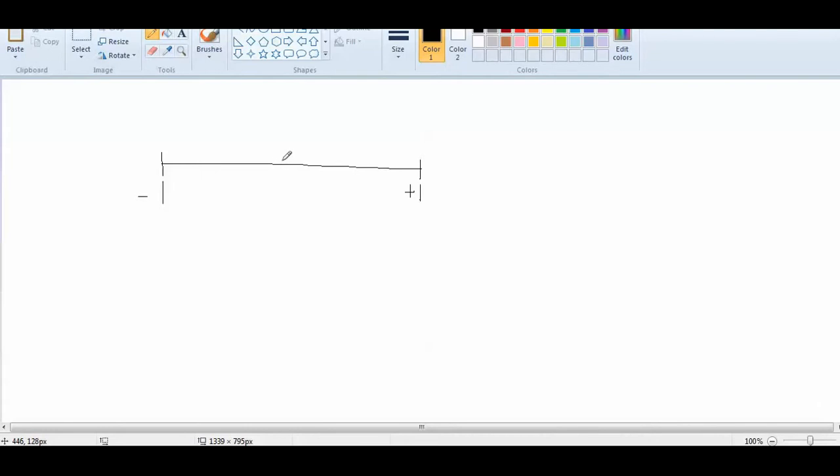If the value comes out to 0, it means that the data is showing no correlation at all. And if the value comes out to a negative number, it means that the data set is showing a negative correlation. And if the value comes out to a positive number, it means that the data set is showing a positive correlation.